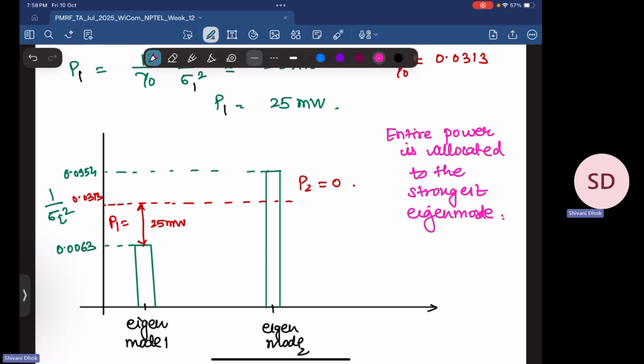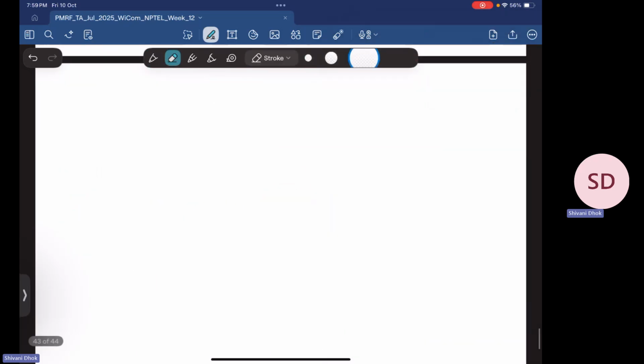Now let's move on to the second part. Now in the second part, what we have done is we have increased the power. So the total power now we have increased to 100 milliwatts. So in the second part, we have P equal to 100 milliwatts. So now we'll repeat the same thing. We'll now use the constraint.